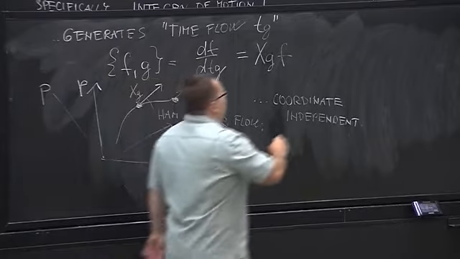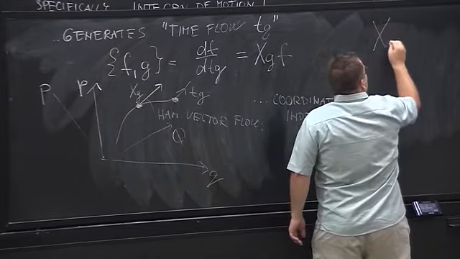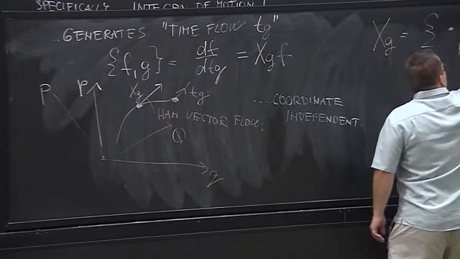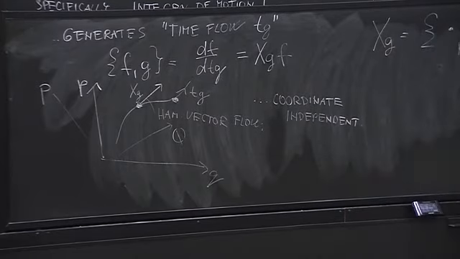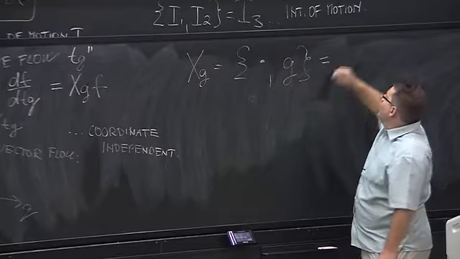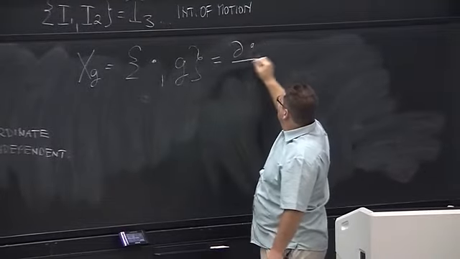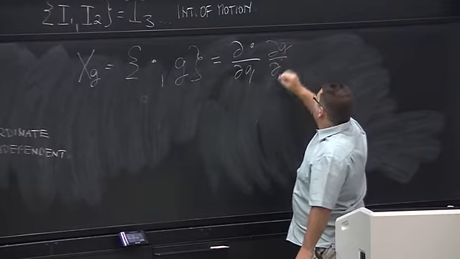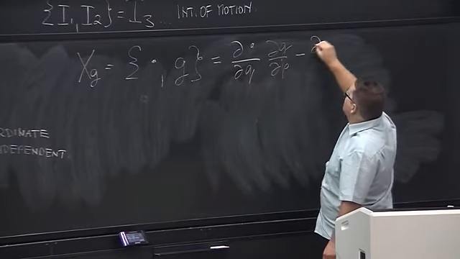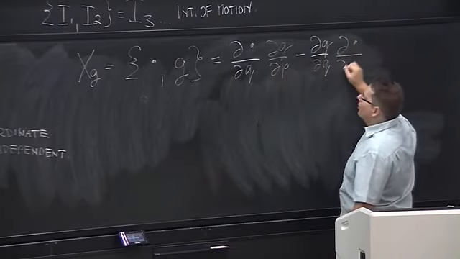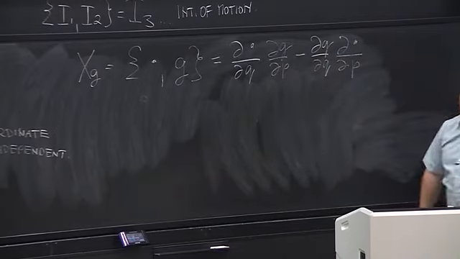That vector field X_G is given by the Poisson bracket of something with g. So what is this? If I just use the canonical definition of the Poisson bracket, there is nothing in the first slot. So it'll be d of nothing over dq and dg over dp, minus dg over dq, d of nothing over dp. Okay, so this is what it is.